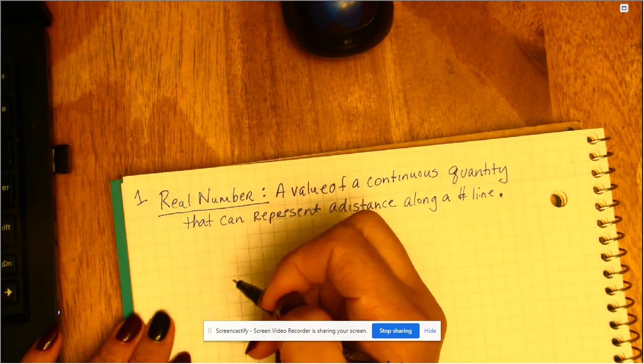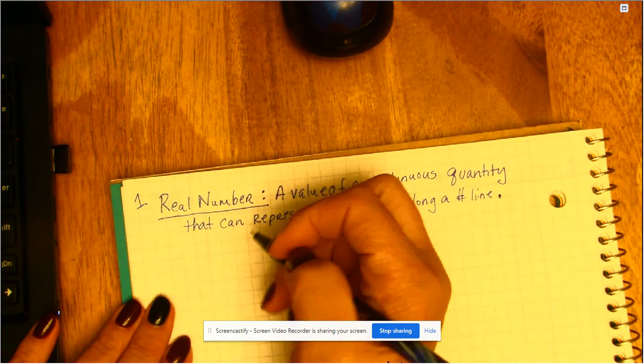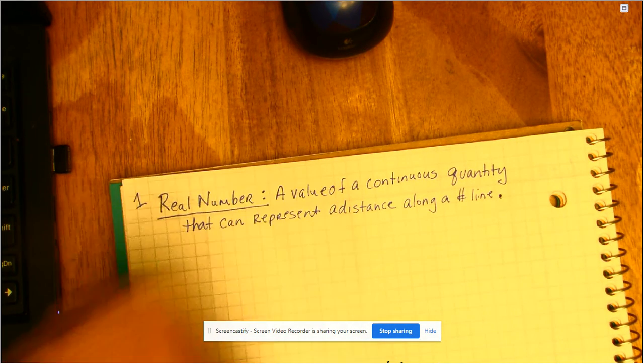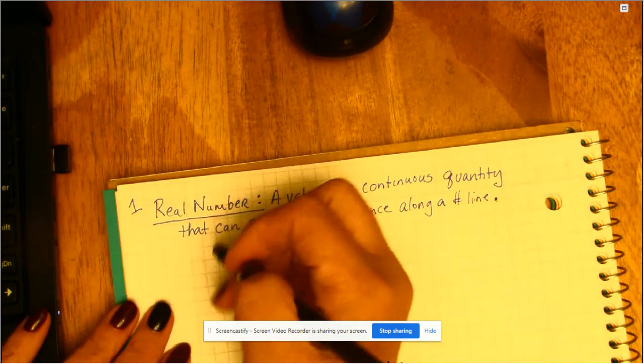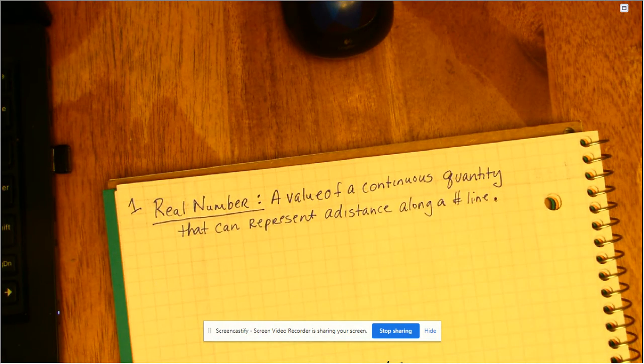Then below real numbers, that breaks up into kind of 2 different types of numbers. One is irrational numbers. So use a different color for this.